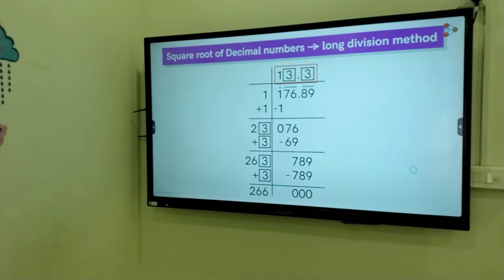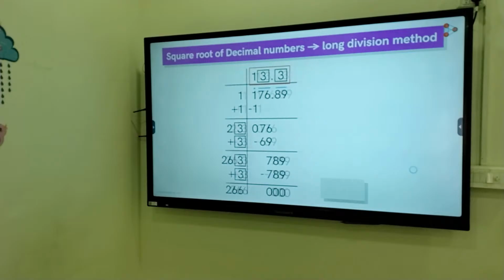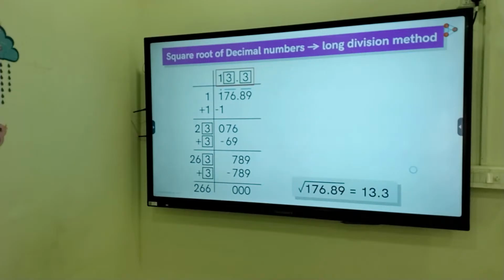This number on top, 13.3, is the square root of 176.89. We can even verify our answers as we did in our earlier videos by comparing the numbers 266 and 13.3. If we ignore the decimal point and multiply 133 with 2, we should get the number 266.